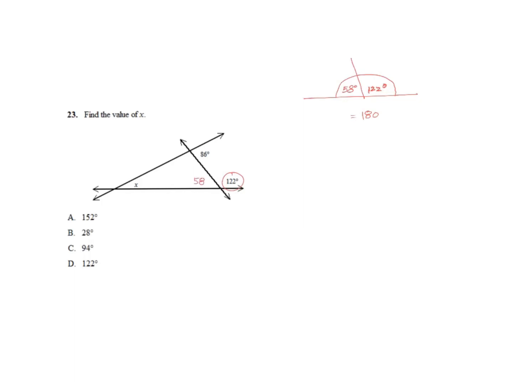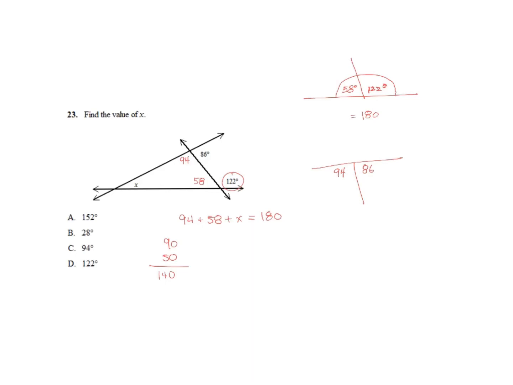So here's my 58 degrees. I have another supplementary linear pair of 86 and call this 94, which would be this angle here. And what this allows me to do, anytime I'm given two angles in a triangle, 94 and 58, I can always solve for the third. And again, I like to show you what kind of math I'm doing in my head. 90 and 50 gives me that 140.